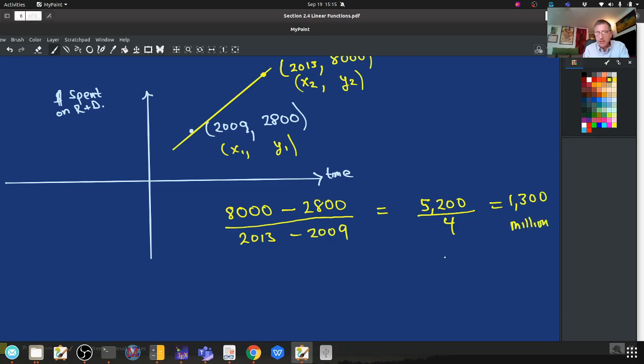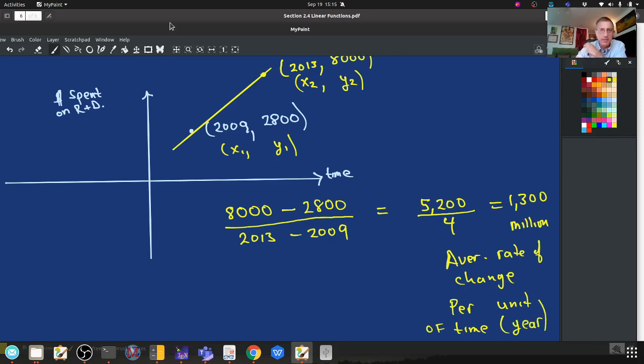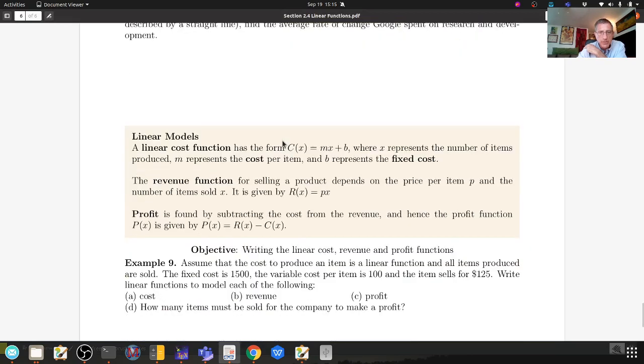So that's the average rate of change, in this case, per unit of time. And what is our unit of time? It's a year. How do we know it's a year? Because that's what was given to us, different years.